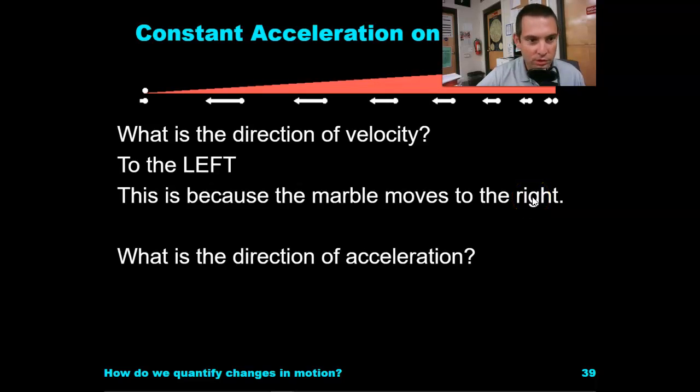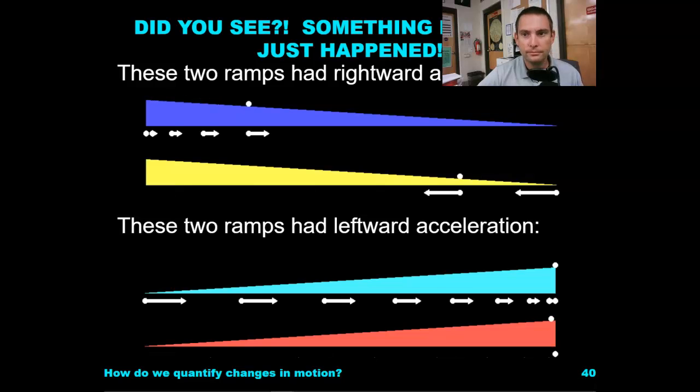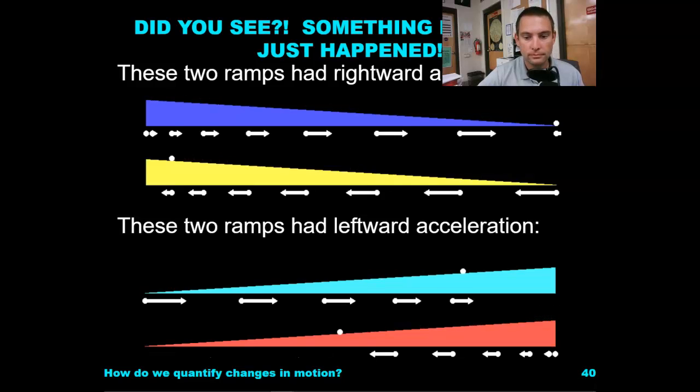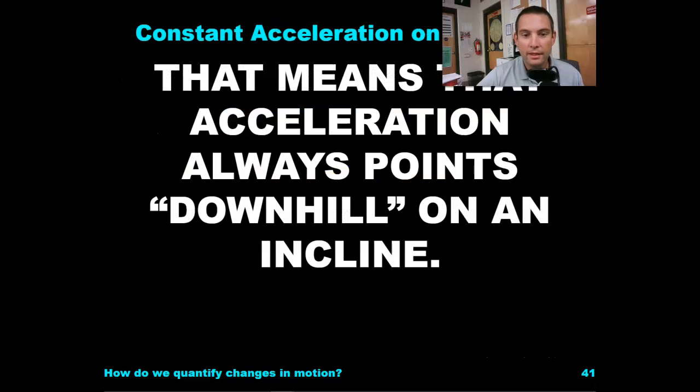Is it speeding up or slowing down? Right? That means acceleration always points downhill on an incline. Tangential acceleration always points downhill on an incline.